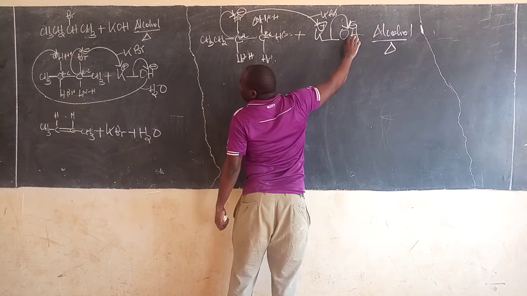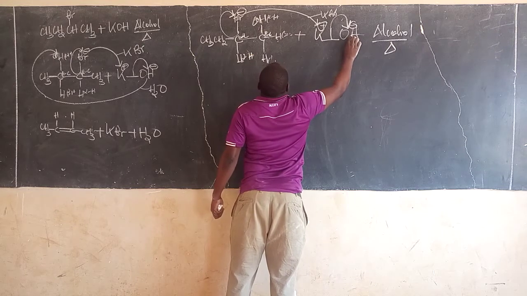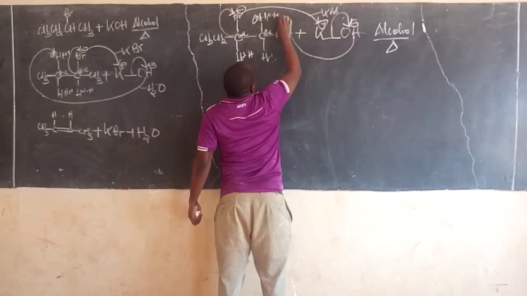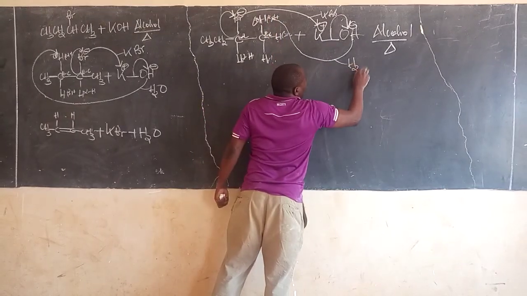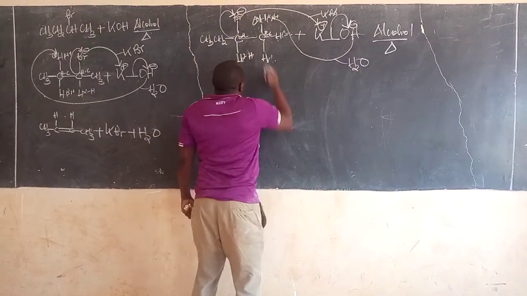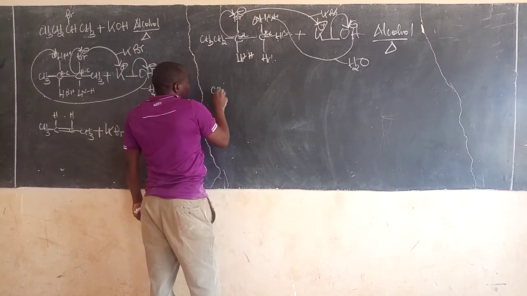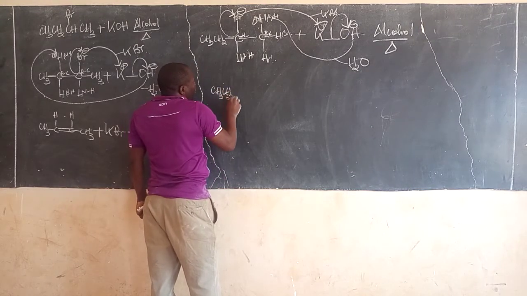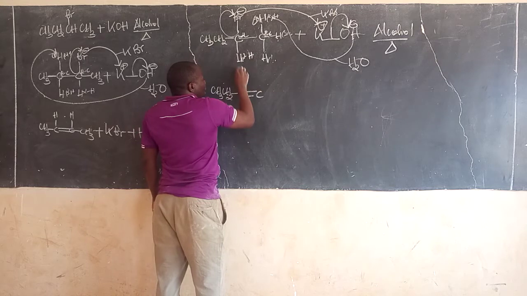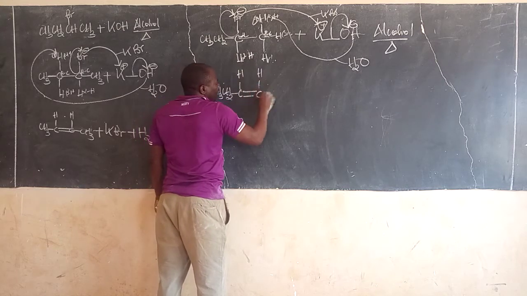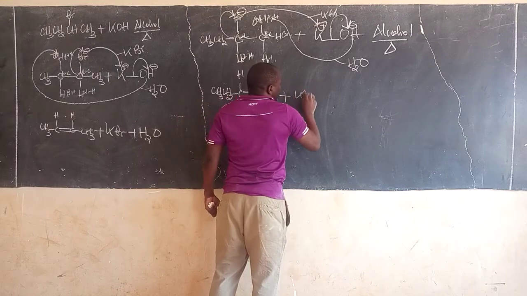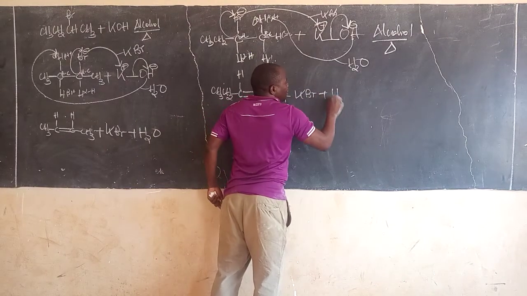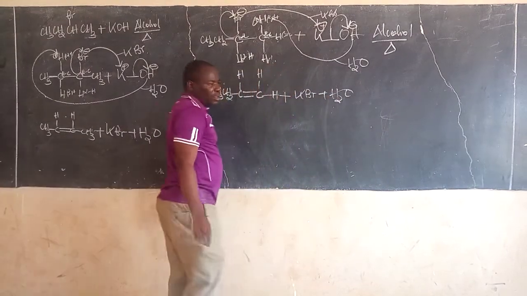Again this hydroxide will combine with this positive charge from the beta carbon to form water. So eventually we form our alkene, like this one, plus potassium bromide plus water.